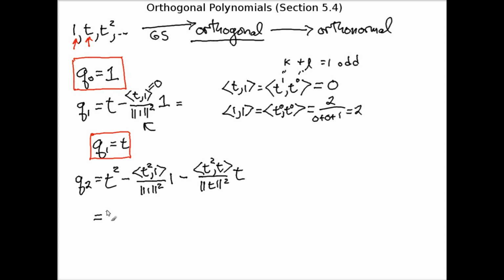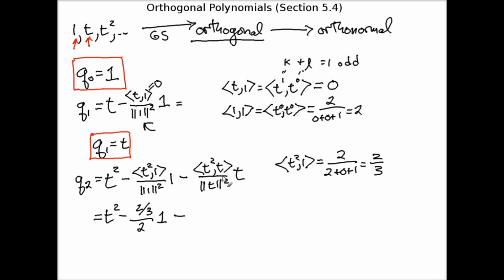And what is that? So that's t squared minus, well, let's see, I've already computed this. What's the inner product of t squared with 1? Well, the sum of the powers is even, and so this is equal to 2 over 2 plus 0 plus 1, which is to say 2/3. And so what we're getting here is 2/3 over the length of 1 squared, which is 2, times the constant function 1.